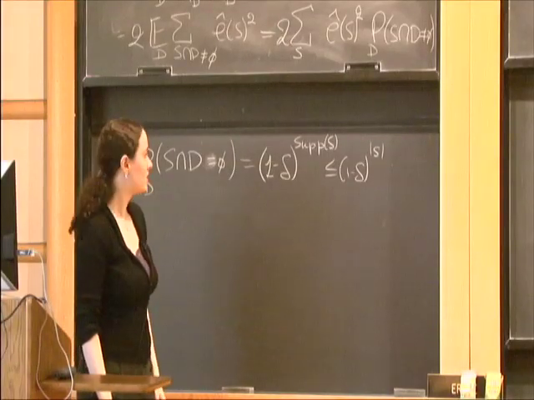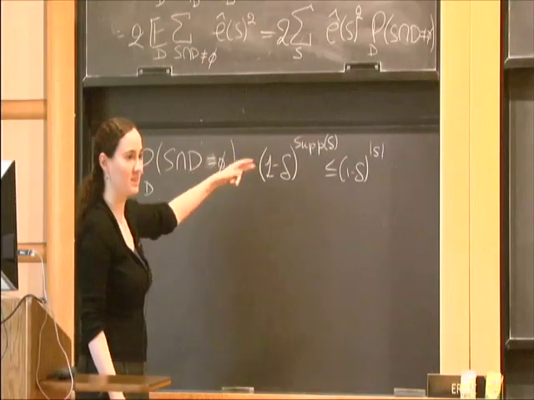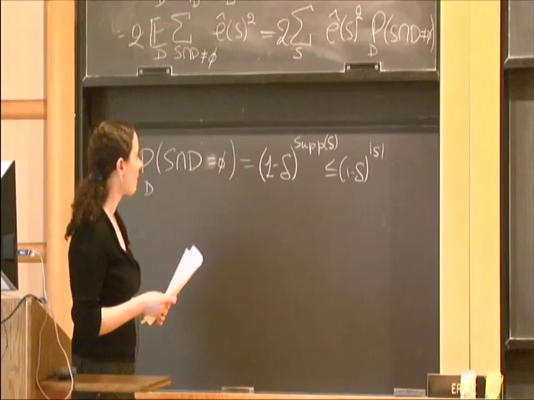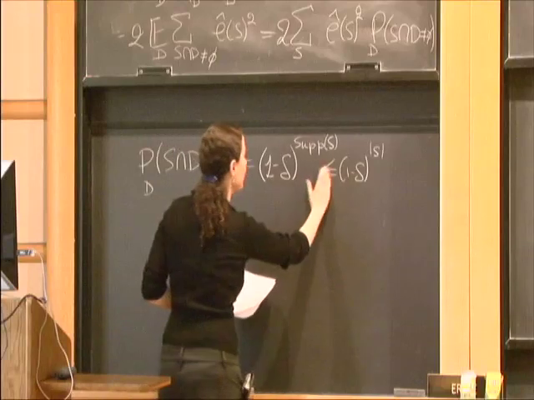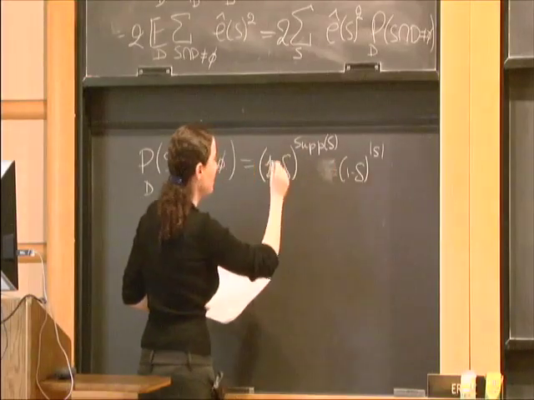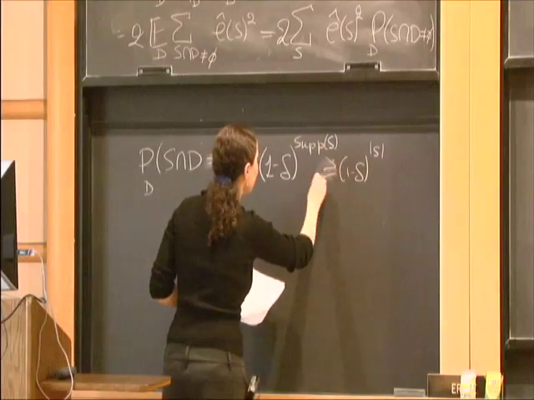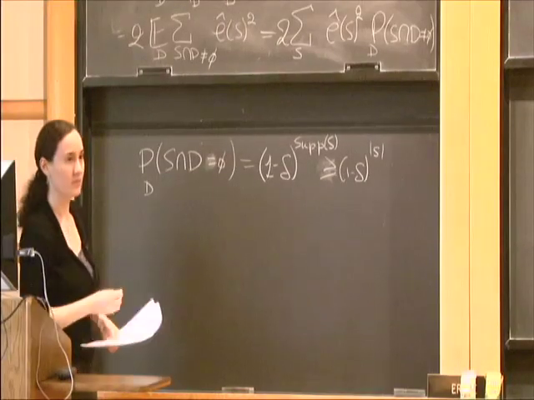And the probability of not empty is 1 minus that, and therefore you want the support to be greater. The support is smaller than the size, and so it works. Okay, good. Thank you.